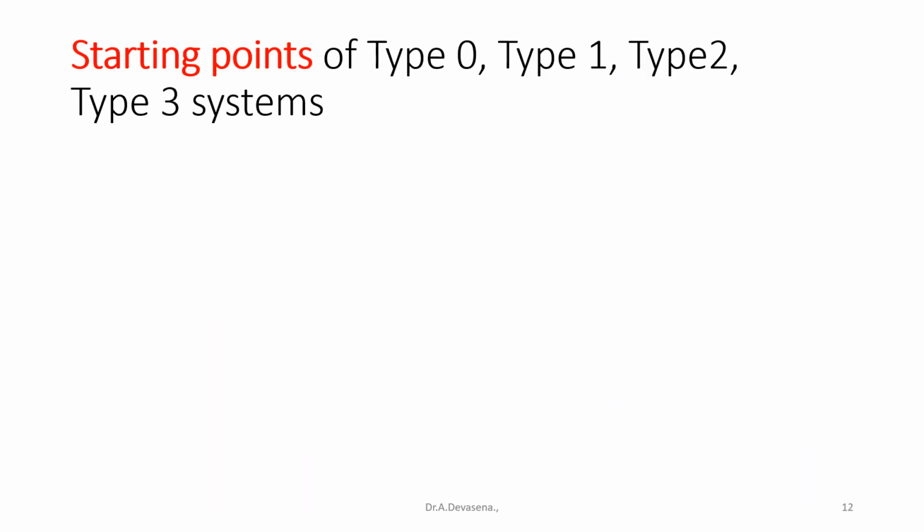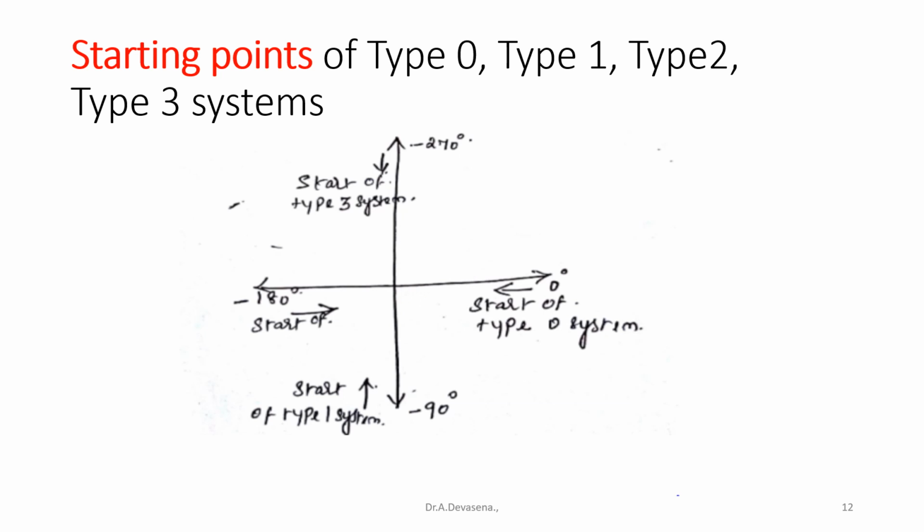Starting points of type 0, type 1, type 2, type 3 systems. As we already stated, the starting point of the polar plot is determined with the help of type number of the system. Here is a representation of the starting points of type 0, type 1, type 2, type 3 systems.